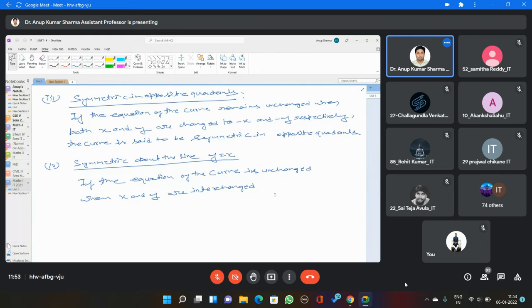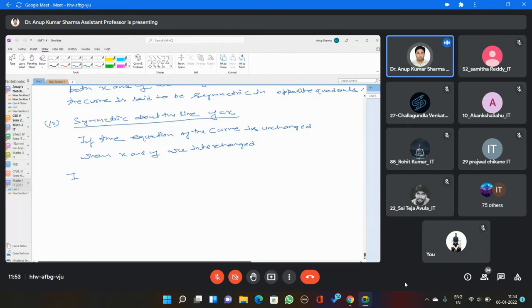In this case, I'm writing directly: if the equation of the curve remains unchanged when x and y are changed.